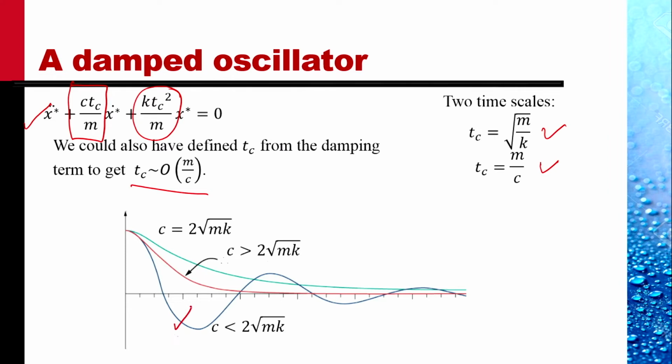This is when c is less than 2 under root mk. This blue line is the variation of x star with t star when c is less than 2 under root mk.